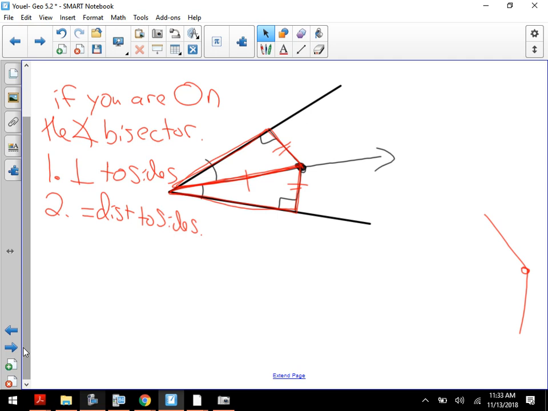So, guess what that means we're going to do algebraically? A lot of the same stuff we just did, setting things equal to each other.